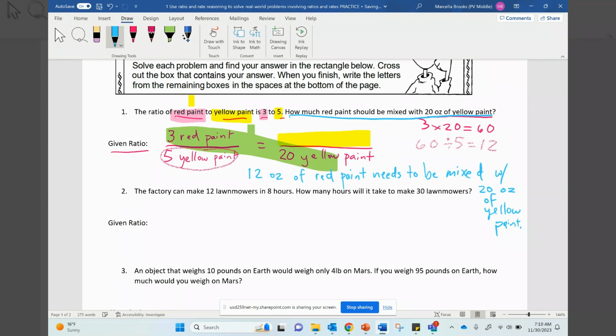All right, number 2. The factory can make 12 lawnmowers in 8 hours. So that's our given ratio. 12 lawnmowers, 8 hours. How many hours will it take to make 30 lawnmowers? So 30 lawnmowers is going to go on top.